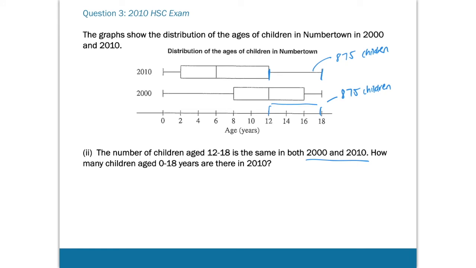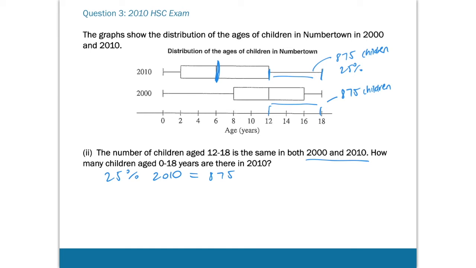So we know that this part of our box and whisker plot represents 25%, because here is 50%. So from here to here is 25%. So we can say that 25% of children in 2010 is 875, right?